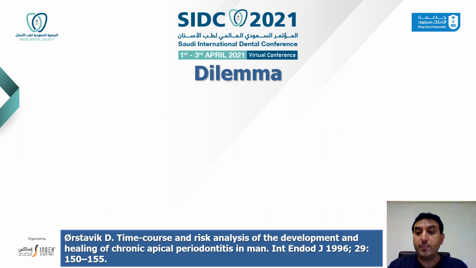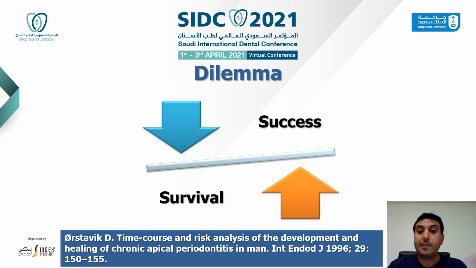And this will lead us to one big dilemma in the endo field, which is success, and the category of survival, or we can say failure. Now, this balance is not equal all of the time, because the endo literature is vague and wide.